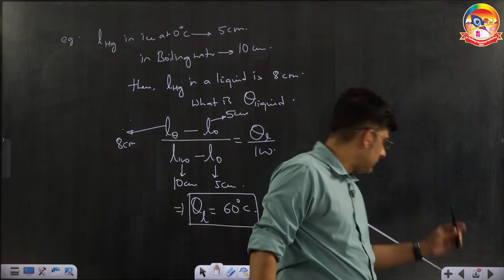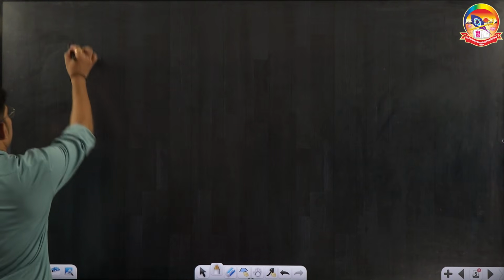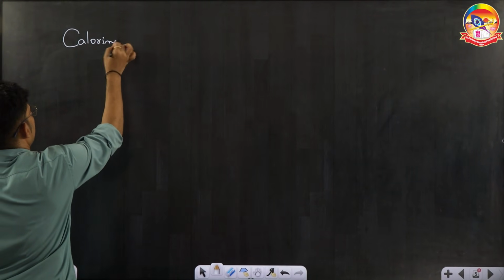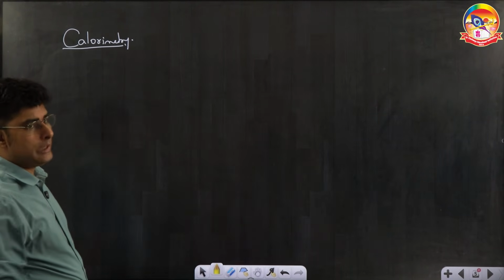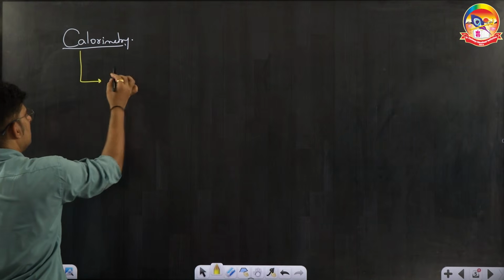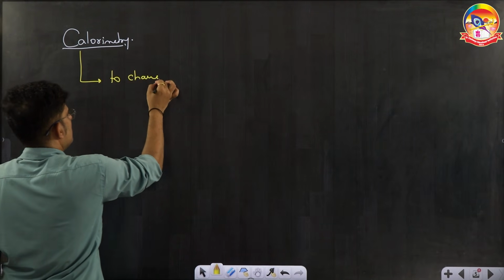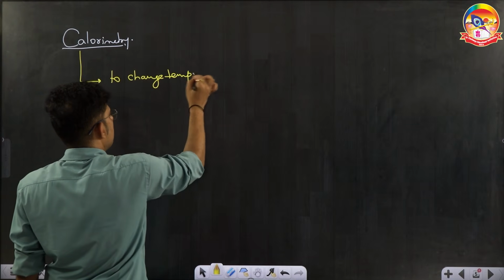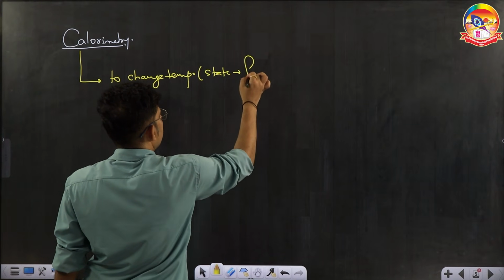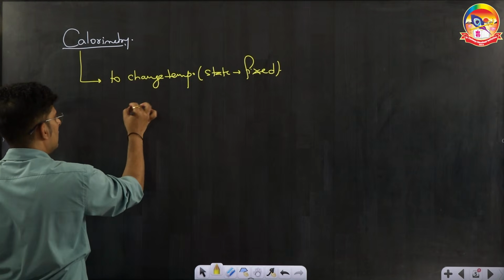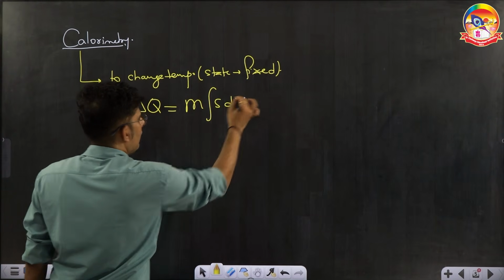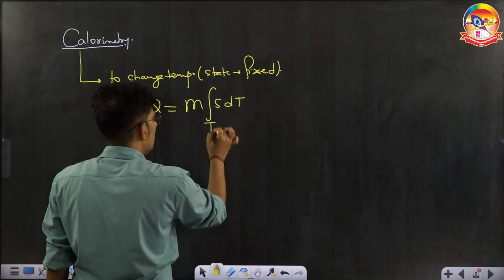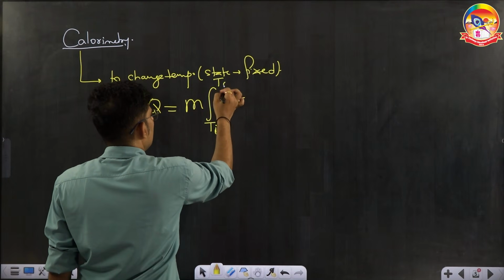Now we move to the next section, which is what we call calorimetry. In calorimetry, we measure the heat required to change the temperature or change the state. These two important conditions are asked. So when we have to change temperature where the state will remain fixed, the amount of heat required delta Q is m integration of S dT from T initial to T final.